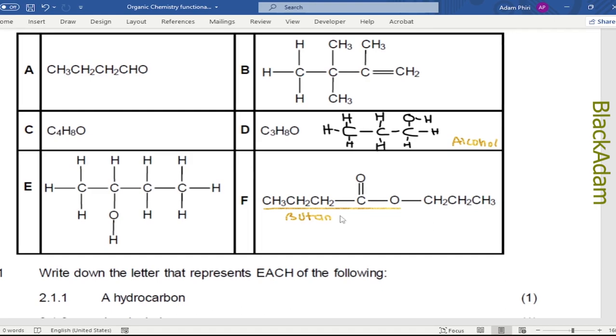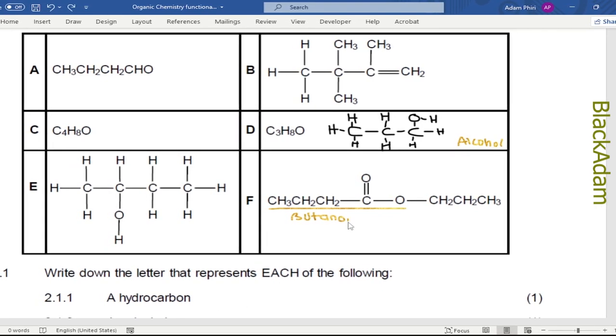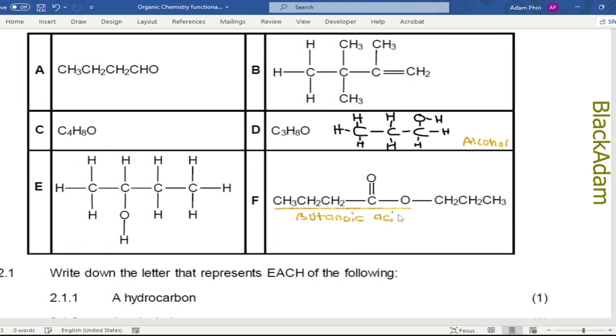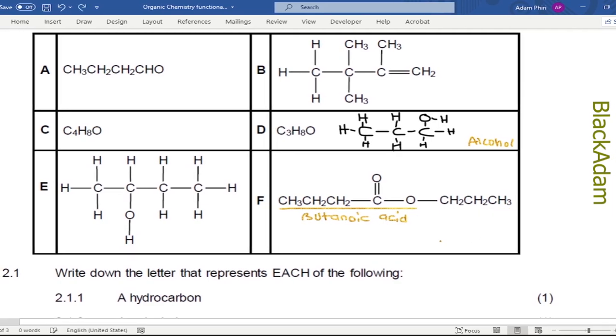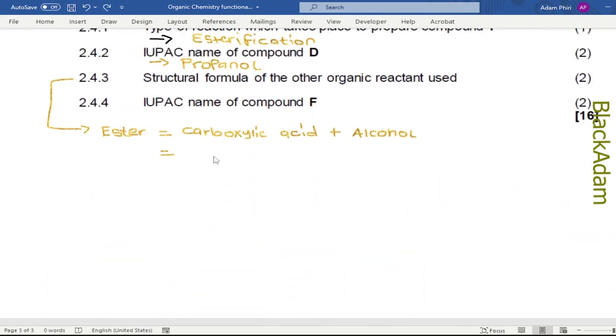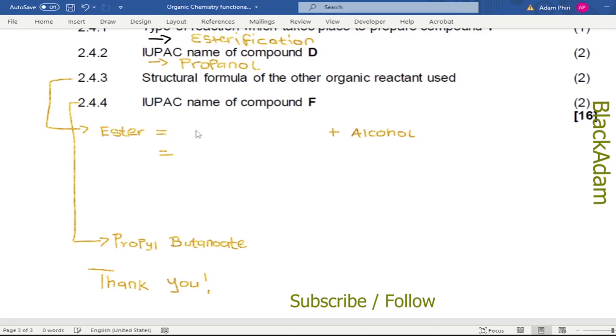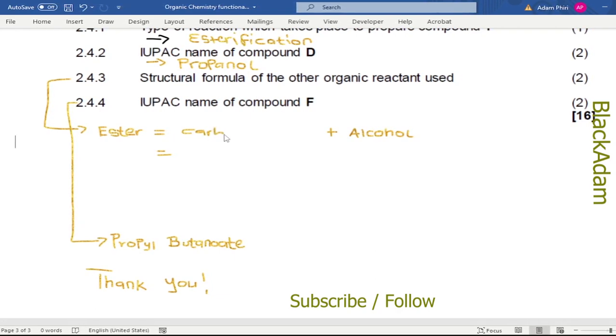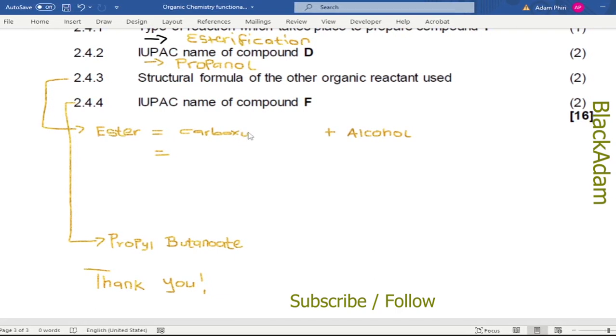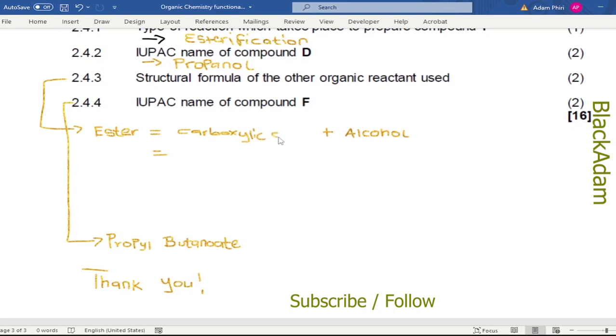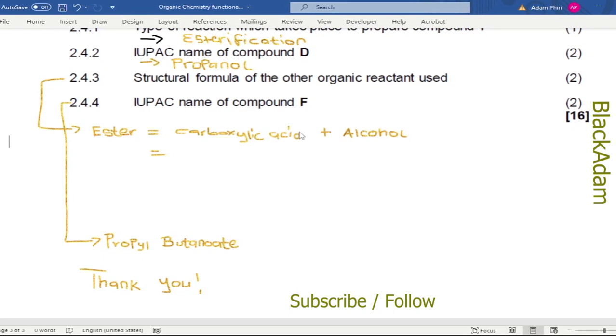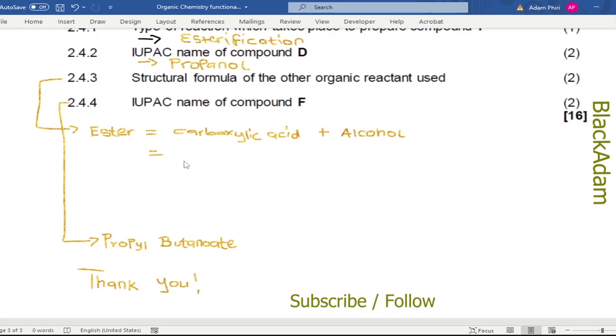So we know that this is butanoic acid because it has 4 carbons. After the ester bond, we need to include H there, and then that is the carboxylic acid, as we stated before.